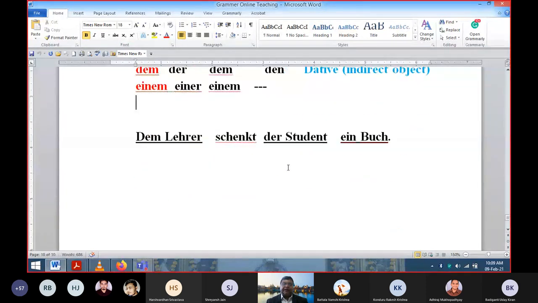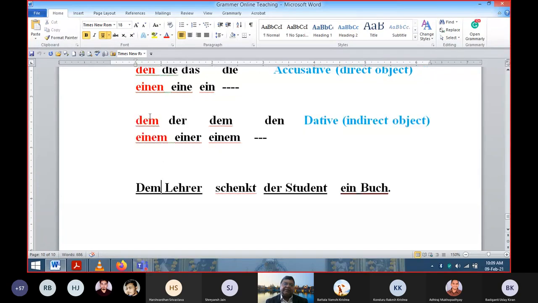So here I gave one example: the student presents a book to the teacher. I made the sentence initially: der Student schenkt dem Lehrer ein Buch. In this sentence, the subject is der Student, the verb is schenkt, the indirect object or dative is dem Lehrer.